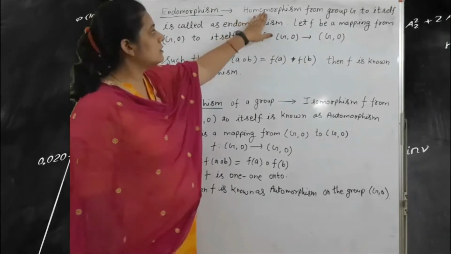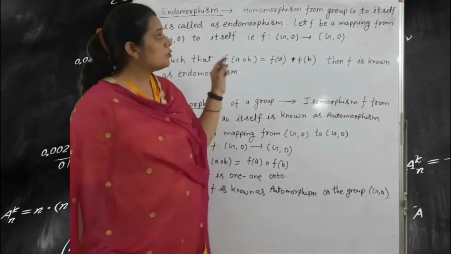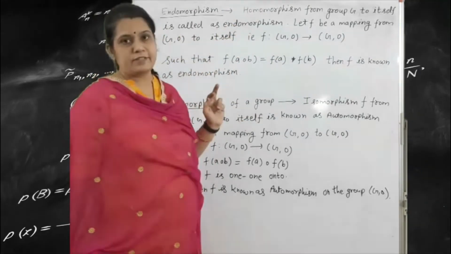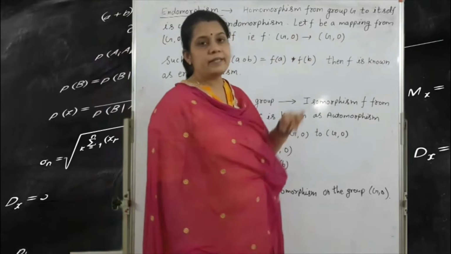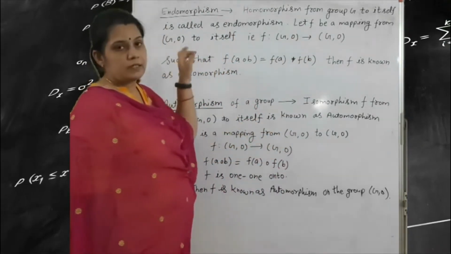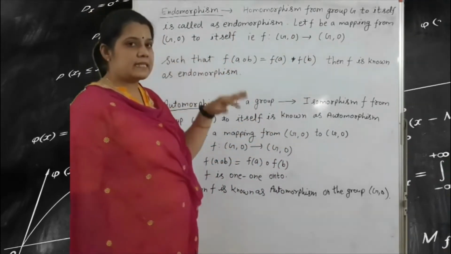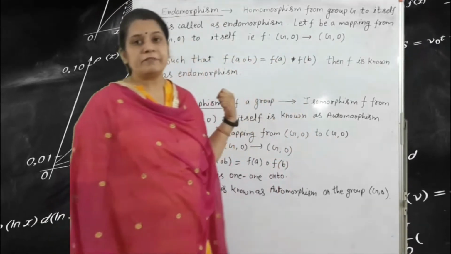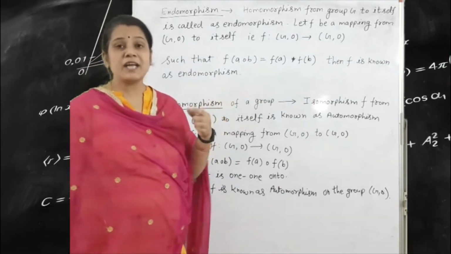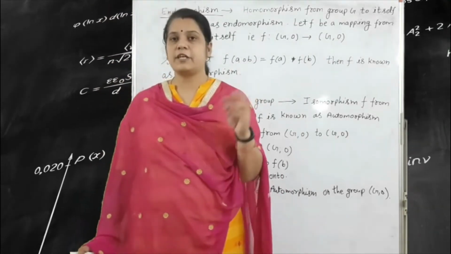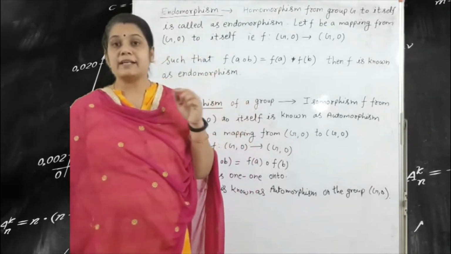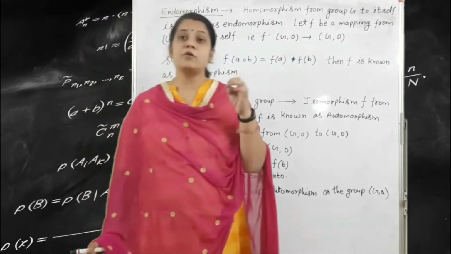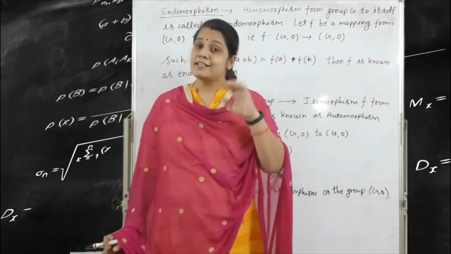Endomorphism: a homomorphism from group G to itself is called an endomorphism. Let F be a mapping from G,O, with any operator, to itself, that is F such that G,O to G,O. In the previous homomorphism and isomorphism, we had two groups G and G dash, with operators O and star, so F(A O B) is equal to F(A) star F(B).